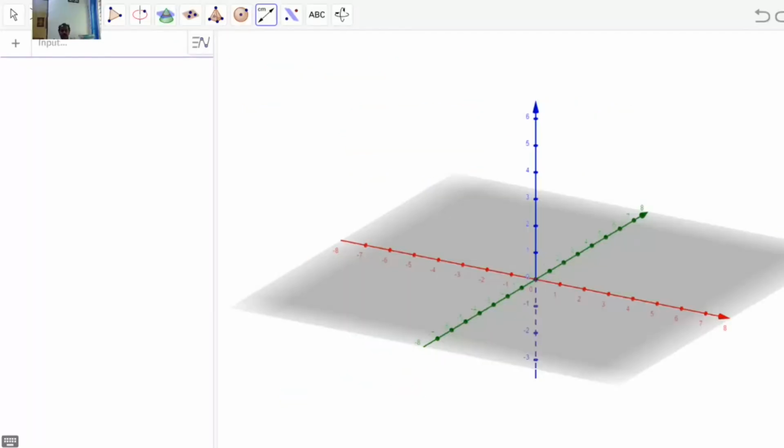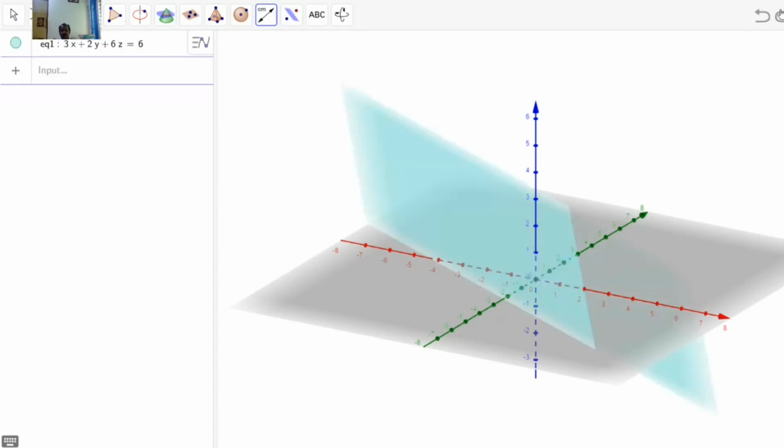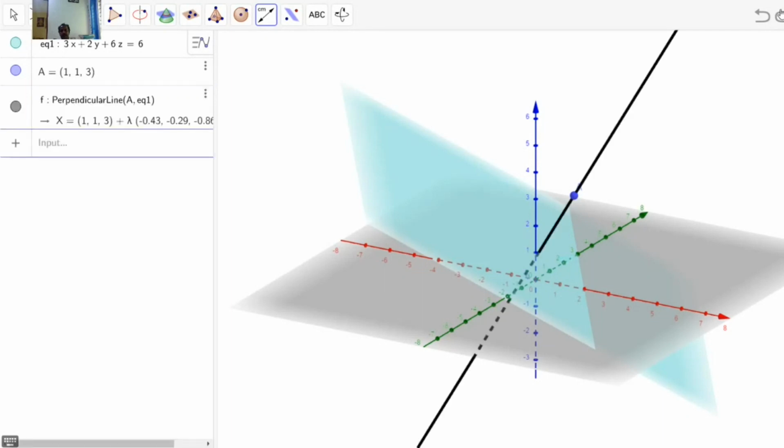So you can check the answer to the problem of finding the distance between a point and plane using GeoGebra. You first plot the plane, 3x plus 2y plus 6z is equal to 6. Then you find the point (1, 1, 3). So that is your S. And you draw a perpendicular and you find the intersecting point.